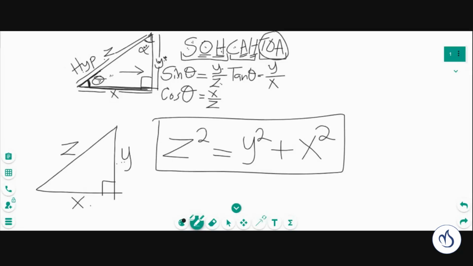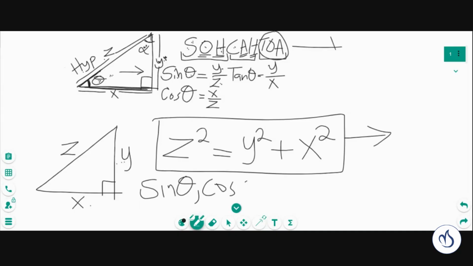Now, what we want is a linkage. We want to use these two concepts, SOHCAHTOA and the Pythagoras theorem, to get a relationship between angles alone. Whenever you're dealing with sine of anything, it could be theta, it could be x, it could be lambda, we are talking about angles.